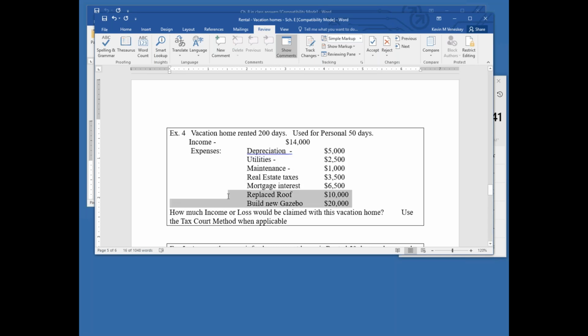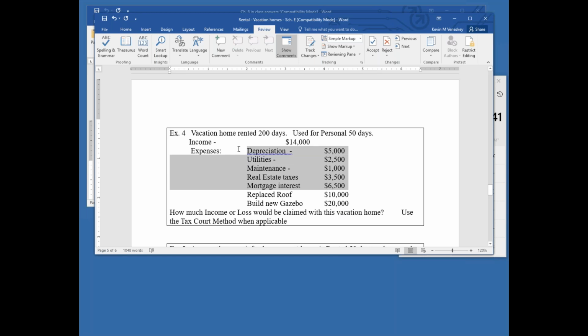These latter 2, I would have to include into the value of the home and then depreciate it accordingly, and that number would eventually end up affecting my depreciation balance. So these 2 I do not get to deduct. These 2 are going to be added into the value of the home.